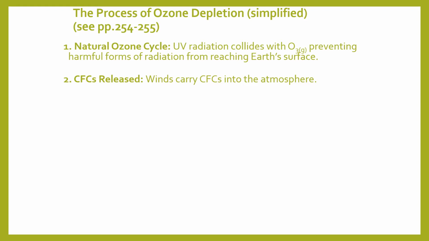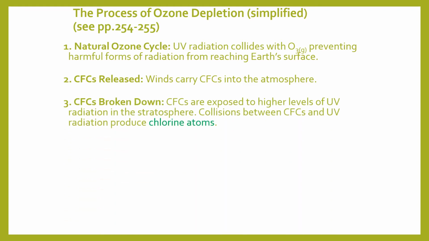What happens is we have these CFCs, and when they're released, they are carried into the atmosphere, and winds carry these CFCs all over the place. What happens with CFCs? They're exposed to high levels of UV radiation.